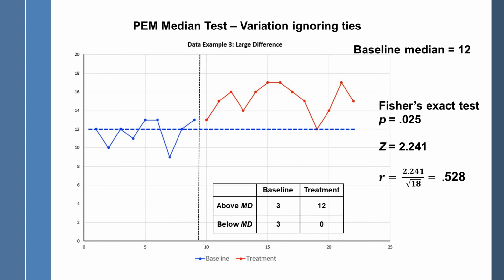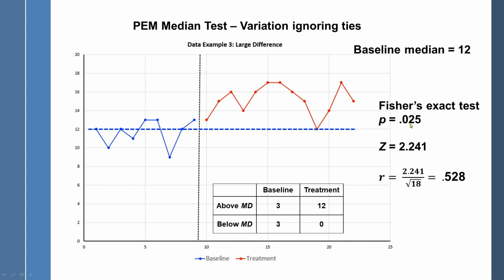And then for this variation, this was one where I created some fake data that I thought would show a pronounced change at treatment phase. And you can see that change reflected in the 2x2 classification table, with 12 of the treatment data points above that baseline median and 0 below it.